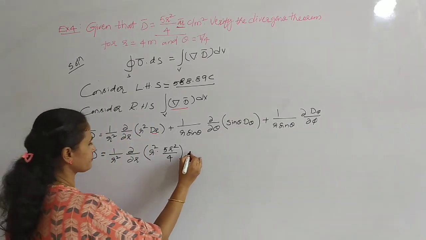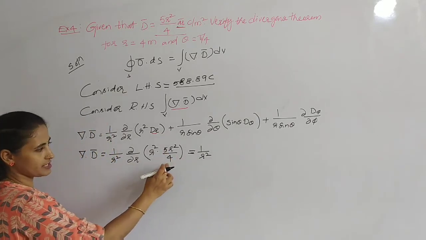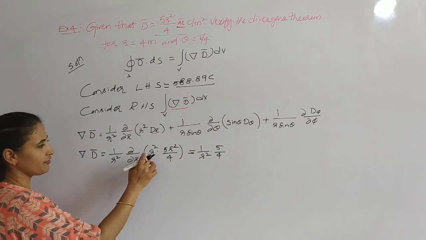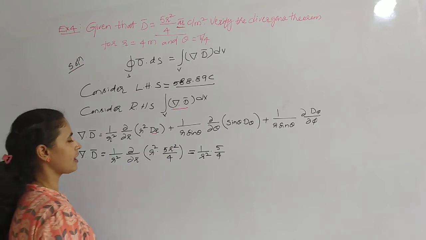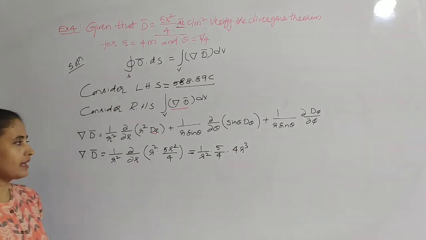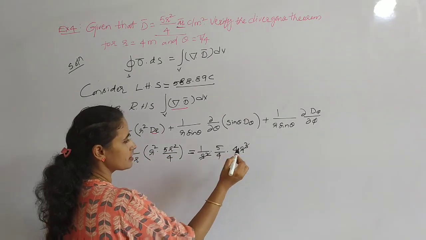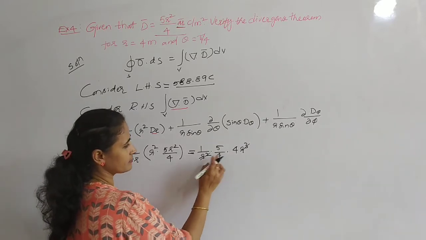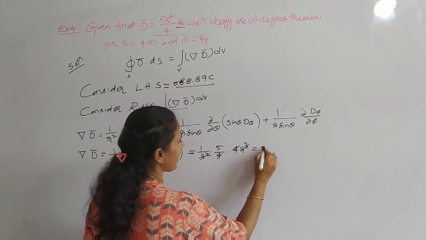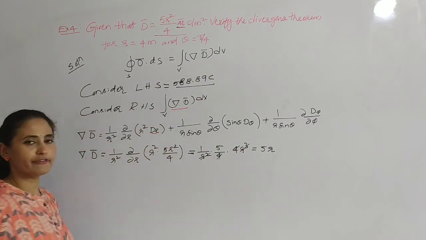So it is 1 by r square into 5 by 4, which is a constant, taking out 5 by 4, and d by dr of r power 4. Differentiation of r power 4 is 4 into r power 3. So out of this, r square will get cancelled here, and this 4 also gets cancelled. So this is left as 5r. Okay, so this term we have got as 5r.